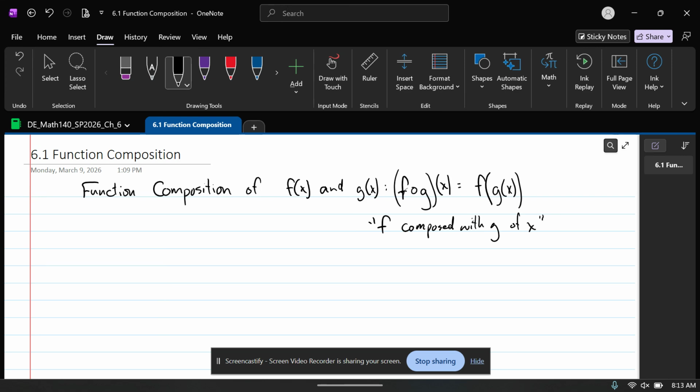Now, when you're dealing with functions, every time we've talked about functions, we've talked about domain. So we want to talk about domain. What is domain? X values. It's all the X values that work.